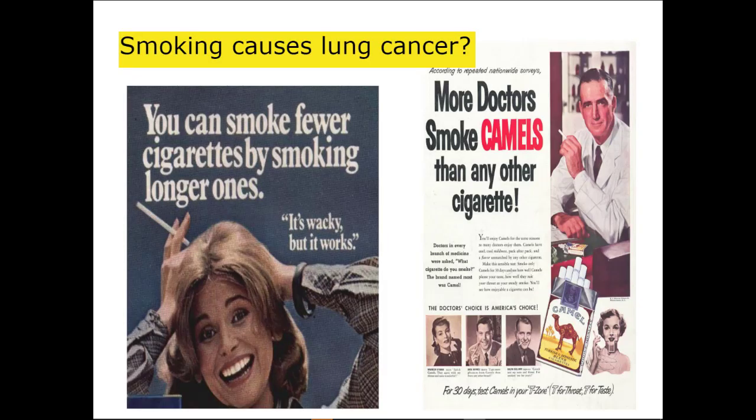So I want you to take a look at these advertisements. I believe they appeared in magazines. The question of whether smoking caused lung cancer was debated during the 50s, 60s, and 70s for a while. And there were all kinds of thoughts about whether there was a link between smoking and lung cancer.